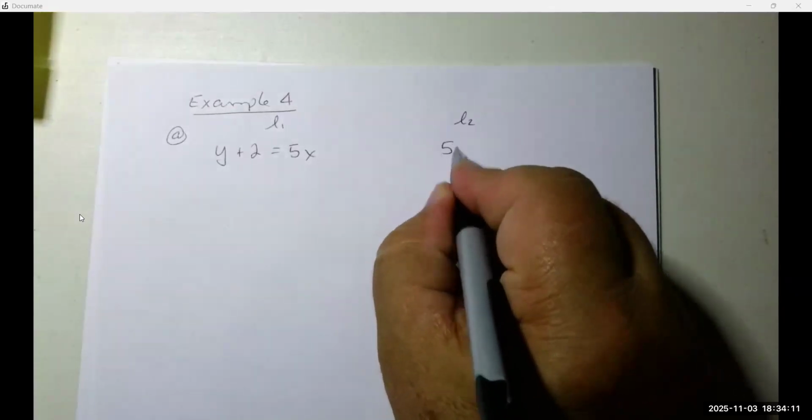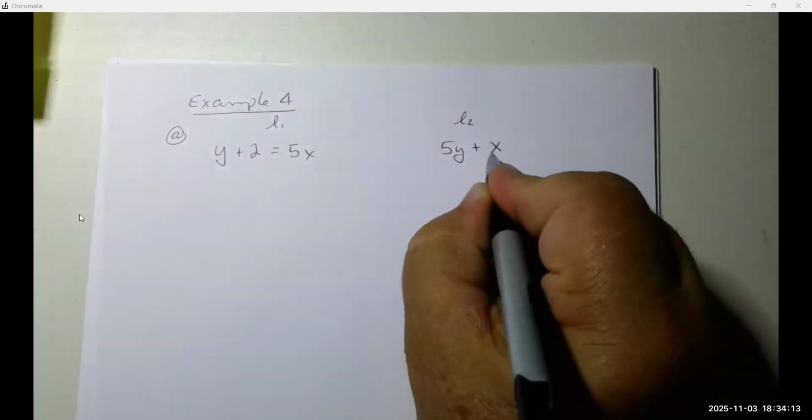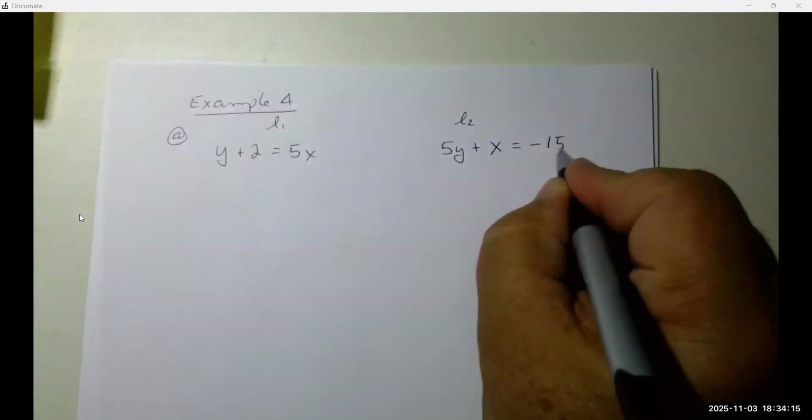Let's look at some equations. Tell me if they're parallel or perpendicular. This is line 1, and this is line 2. So y plus 2 equals 5x, and 5y plus x equals negative 15.